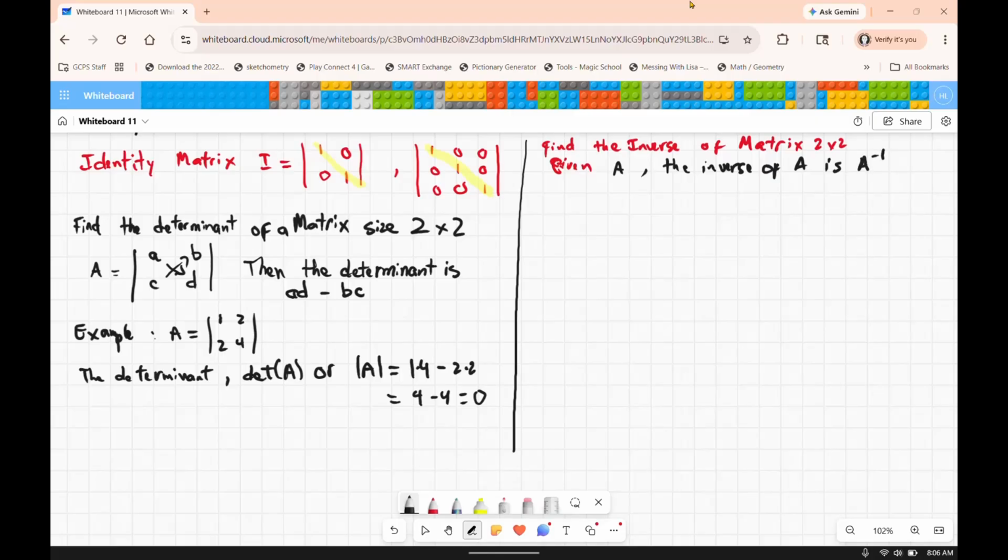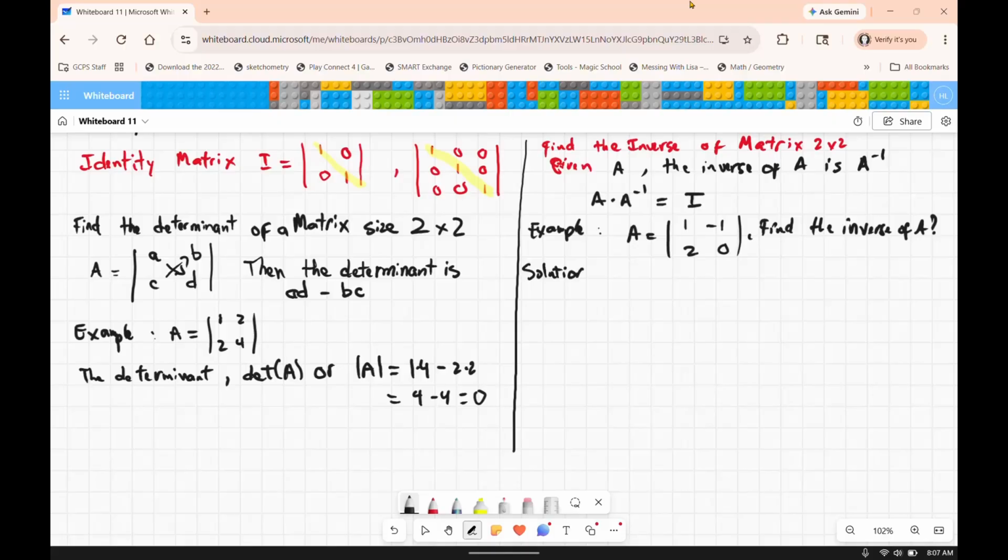If we multiply A times A inverse, it is going to be equal to the identity matrix. So now we need to find that inverse. To find the inverse of A, we need to use this formula right over here. You need to remember this one.